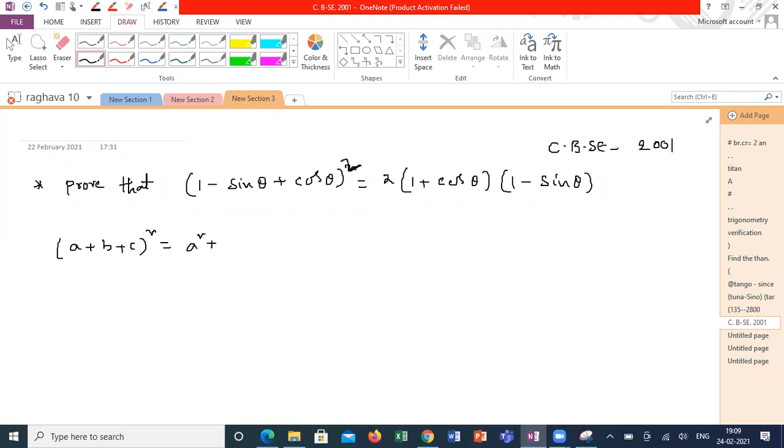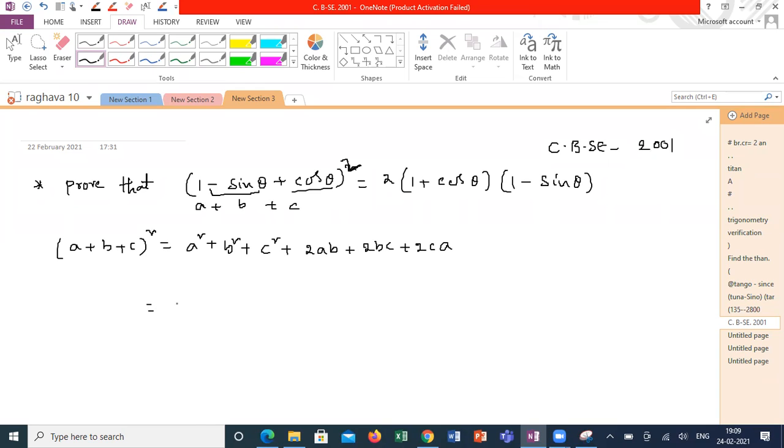A square plus b square plus c square plus 2ab plus 2bc plus 2ca. Here the 1 is a, this is b, and this is c.